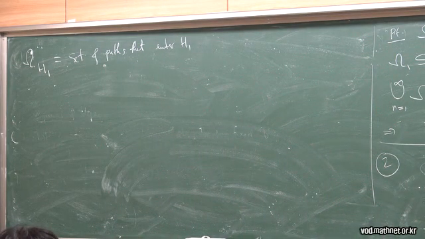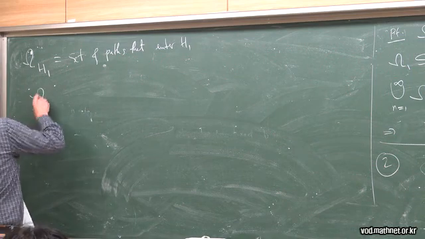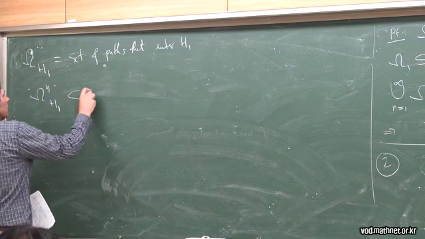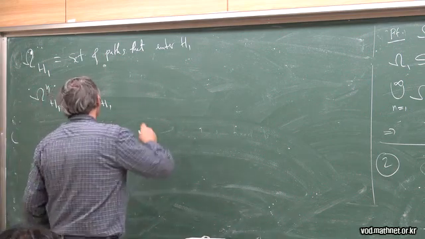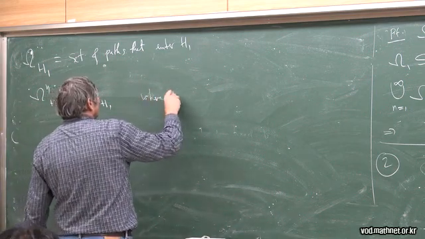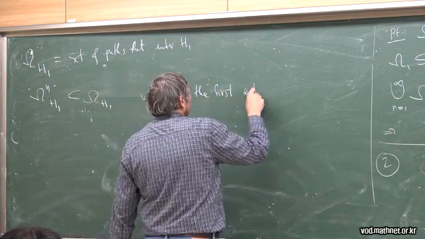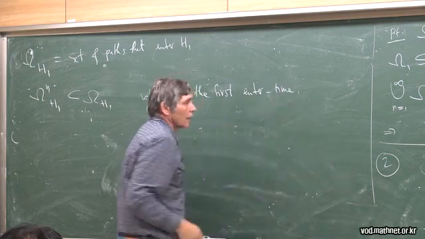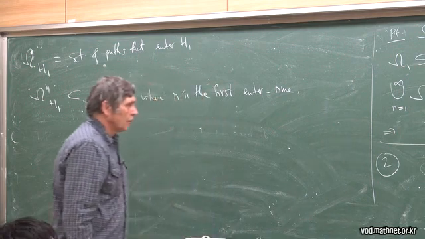They could leave later, I don't care, but at least once they have to enter H1. And then omega n H1 is going to be the subset of omega H1 where n is the first enter time. It might leave and then come back and so on, but look at the first time it enters, that's n.